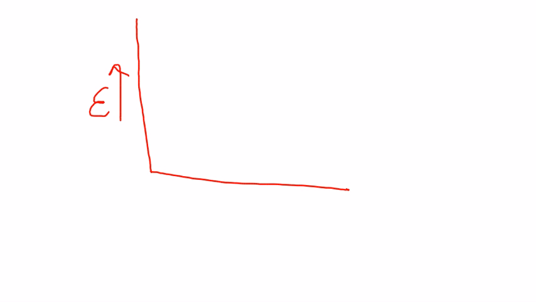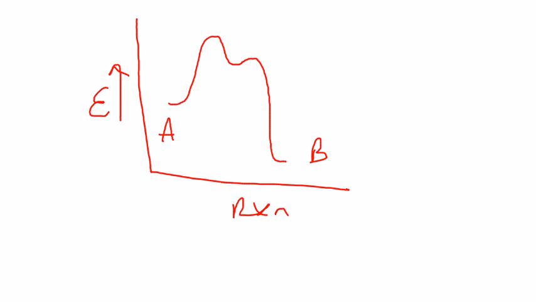Another thing that I would very strongly recommend is that when you are making bonds or breaking bonds, expect to form relatively stable chemical molecules. Recall from the energetics that we talked about, potential energy on the y-axis, reaction progress on the x. You have, let's say, A going to B. If it's a 2-step process, you always want to get an intermediate which is relatively stable. You don't want to form something which is unstable.